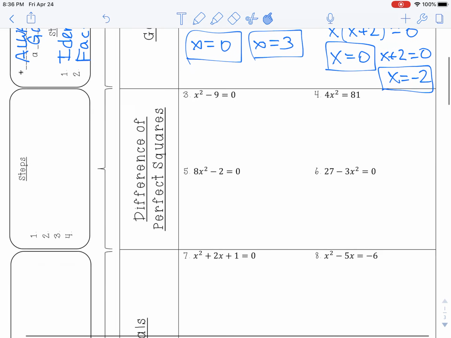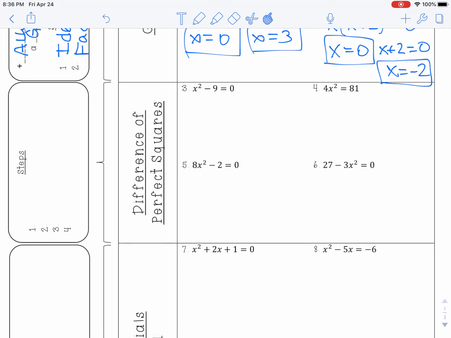Factor by GCF. A difference of squares. First thing you need is a difference of perfect squares. Okay, so I'm going to abbreviate here. And then the first thing you do after that is find the square roots.